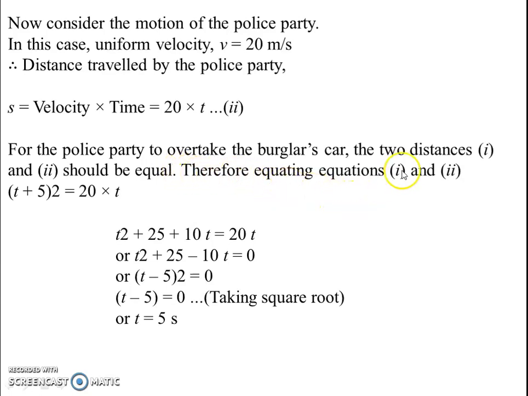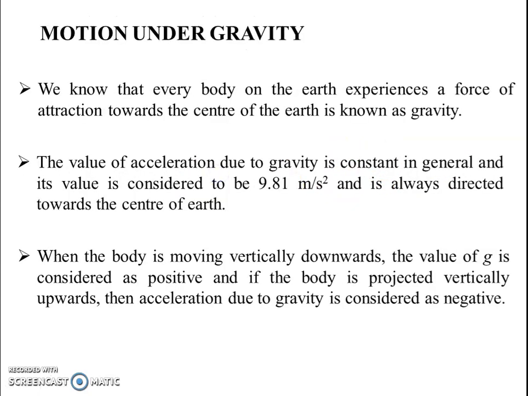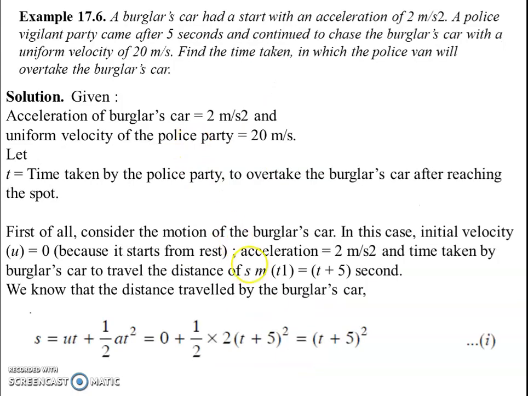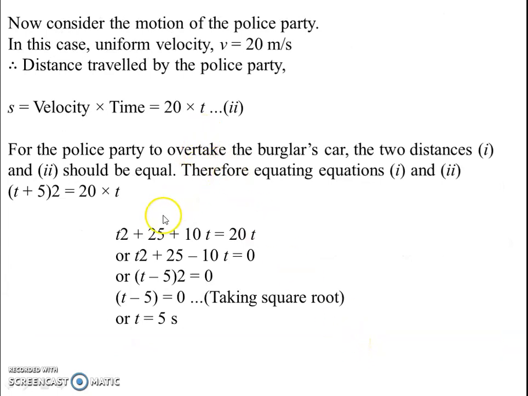Therefore, we will equate equation 1 and equation 2. Equating, T plus 5 whole square, expanded, becomes T square plus 25 plus 10T, which is equal to 20T.